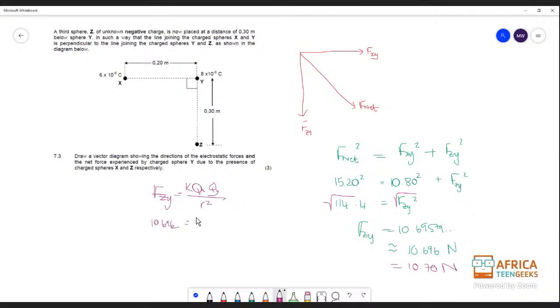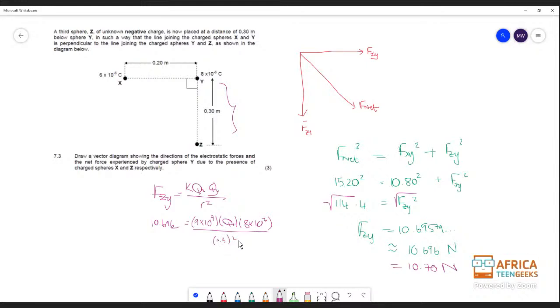10.696. My constant is 9 times 10 to the 9. My QZ is what I'm trying to find. 8 times 10 to the negative 6 is the charge of Y. And the distance between them is this 0.3 squared.